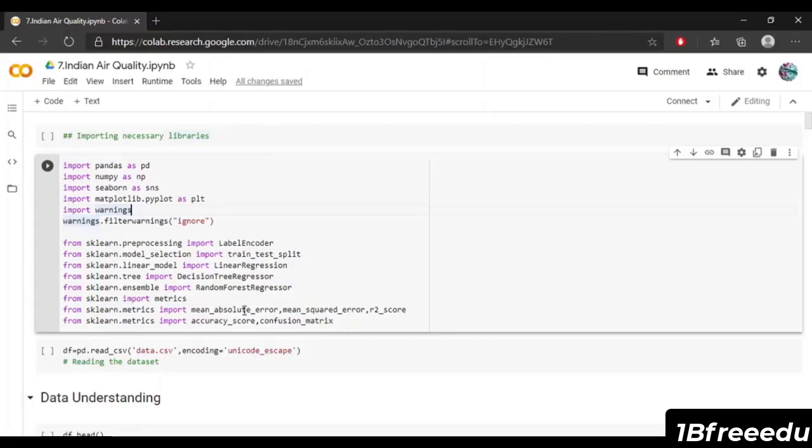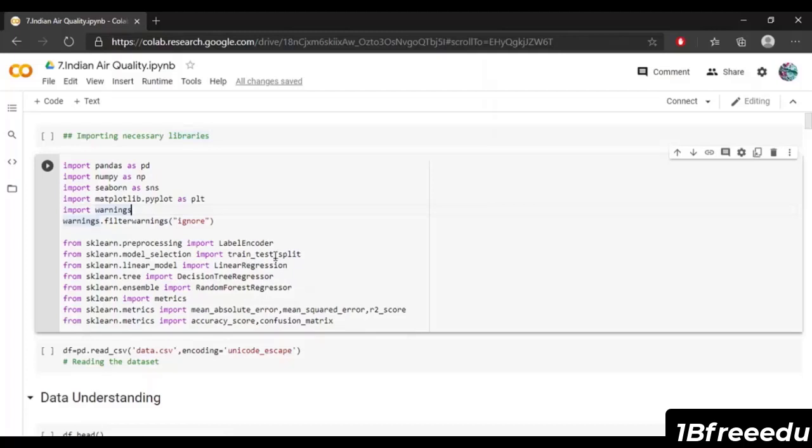Not every model is going to work in a similar way, and every model is going to give us different results. In order to compare how each model has performed, we will use metrics. These are nothing but evaluation metrics, which will help us to see how a specific model has performed.